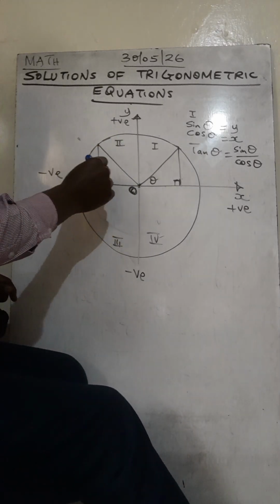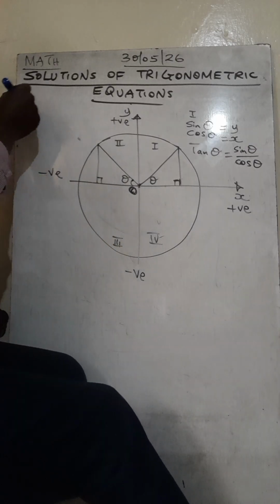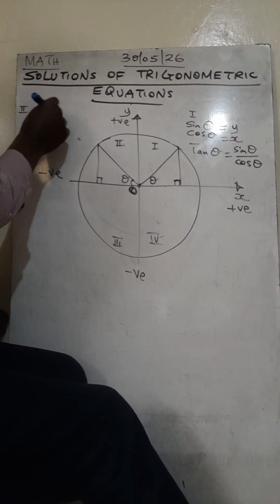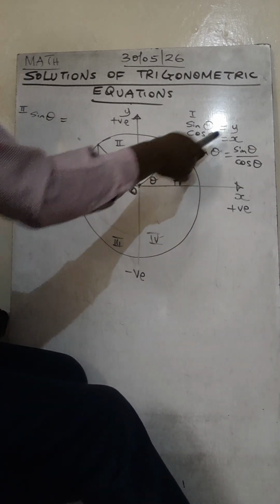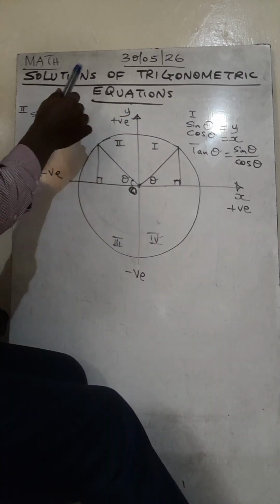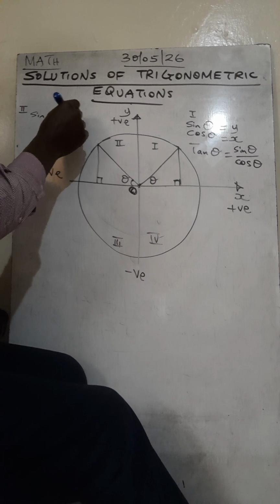Second quadrant, theta. Now, sine of theta is still given by change in y values, and the y value is still positive.